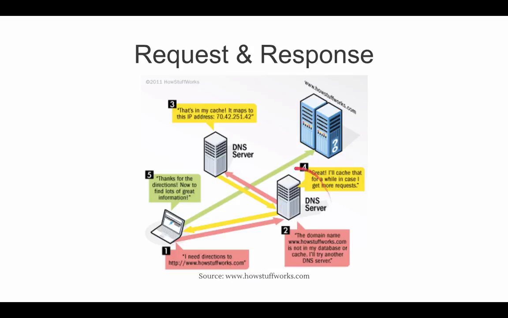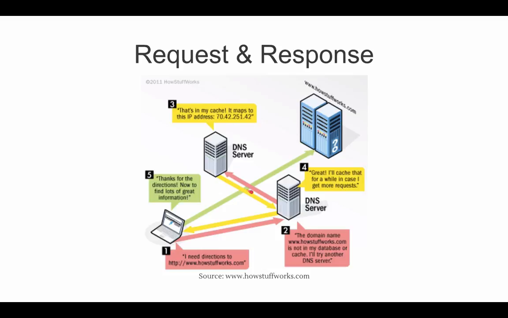So this first DNS server we talk to, we ask it for the IP address for the domain howstuffworks.com. But this particular DNS server, it doesn't know. So it asks another DNS server, and this DNS server does know the answer. It has that, and it tells us that the IP address is 70.42.251.42.